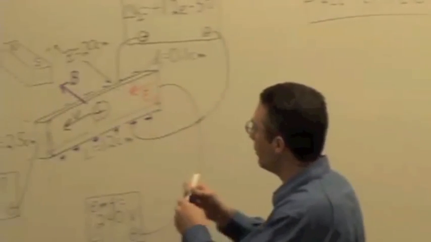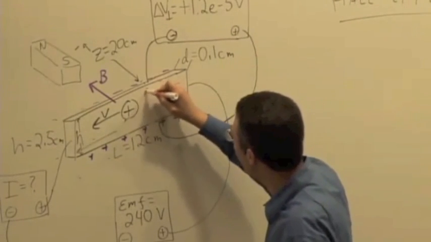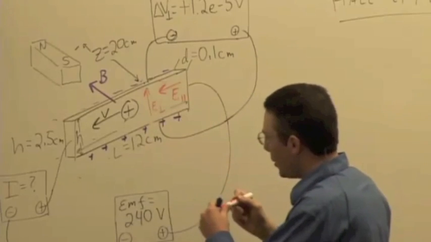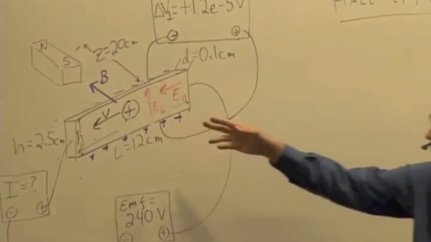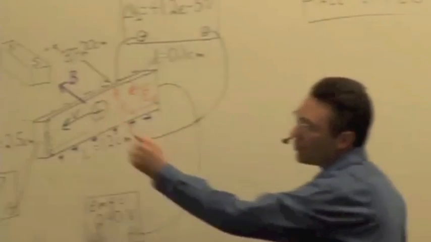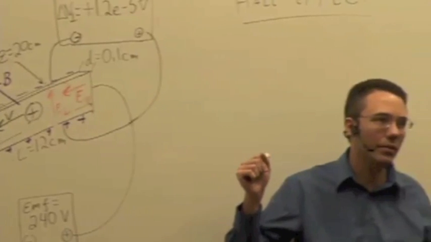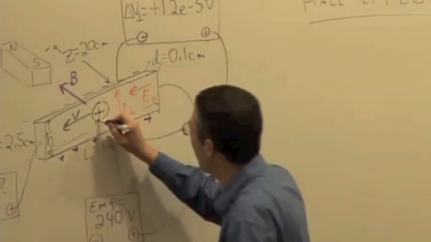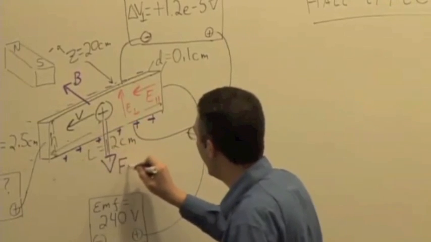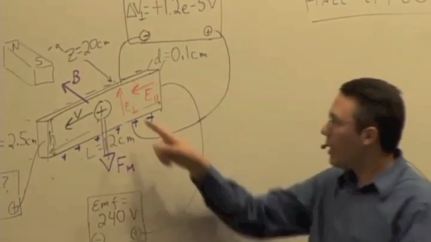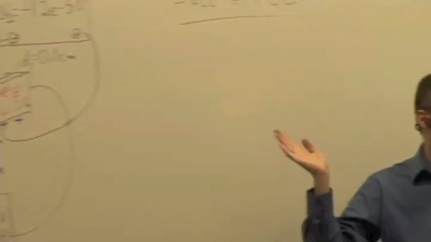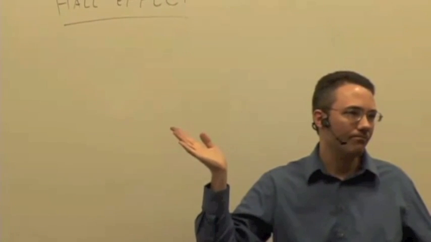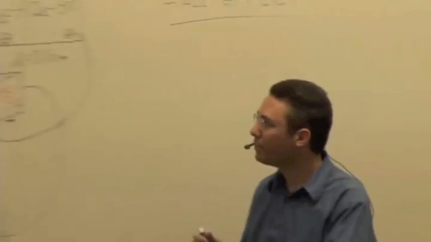From the positives on the bottom to the negatives on the top. So that's E perpendicular. In the steady state, there are magnetic and electric forces acting on the mobile charge. We said the V cross B magnetic force was down. Let me draw that in. That's the magnetic force. But now we have this E perpendicular, and that force is going to be up.